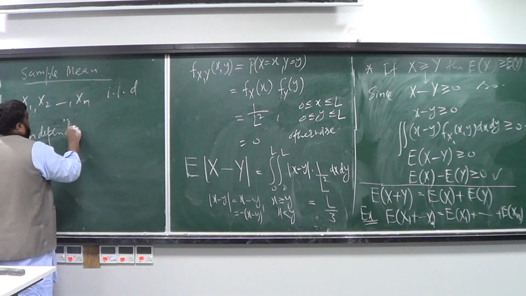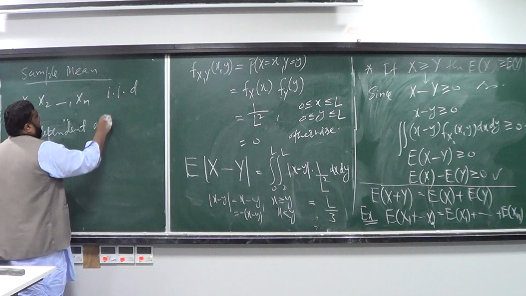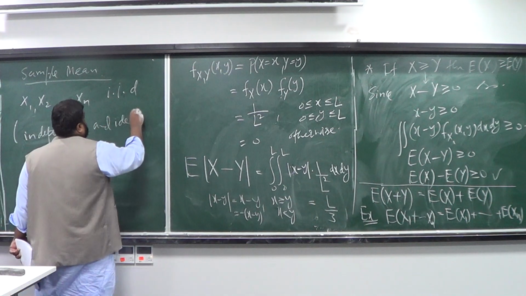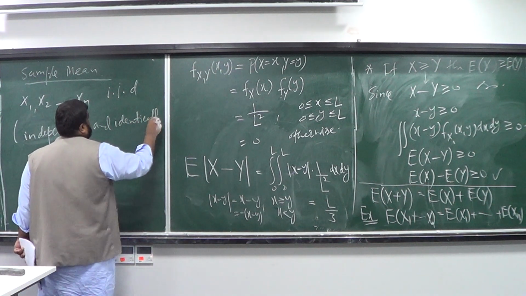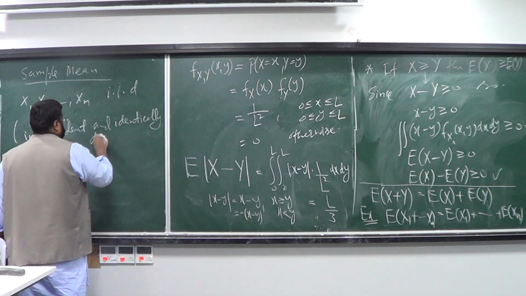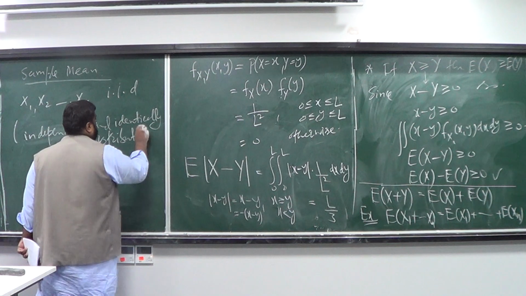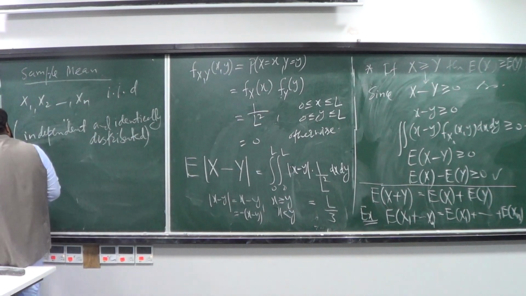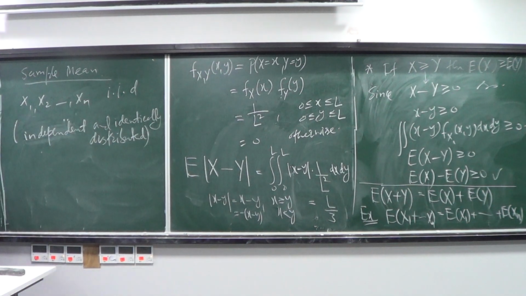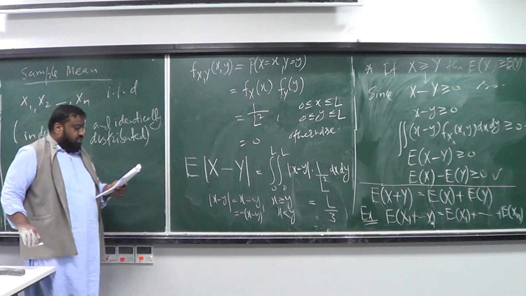Independent and identically distributed. So imagine you have n random variables that are independent of each other and they are identically distributed.